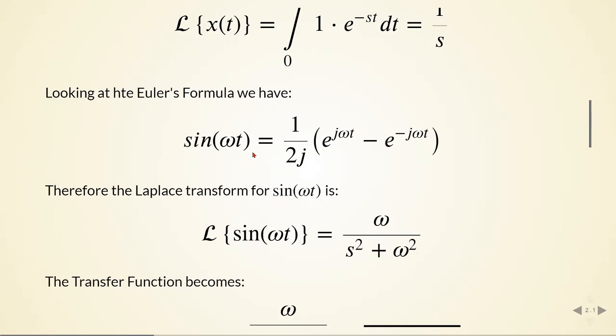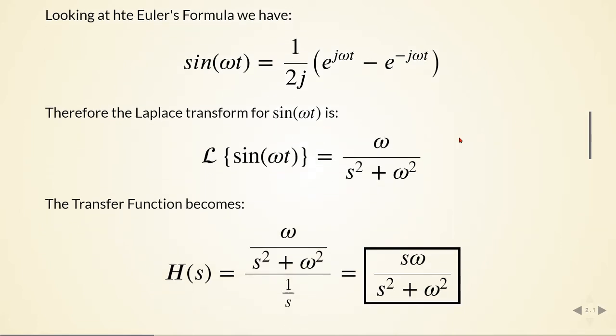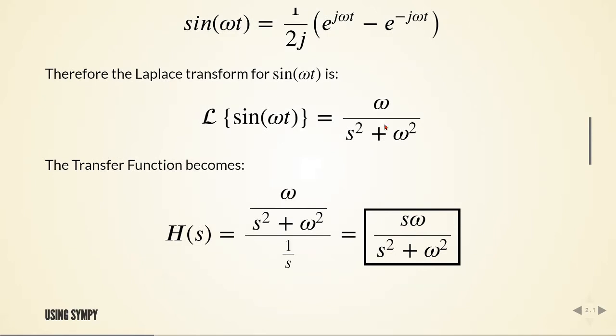So the sine wave, according to Euler's formula, is 1 divided by 2j, j here is the complex number, times e to the power of j omega t minus e to the power of minus j omega t. And if we use this relation, we know that the Laplace transform for the sine of omega t will be omega divided by s squared plus omega squared.